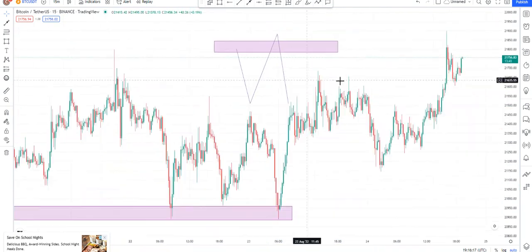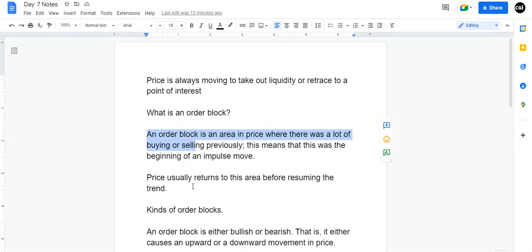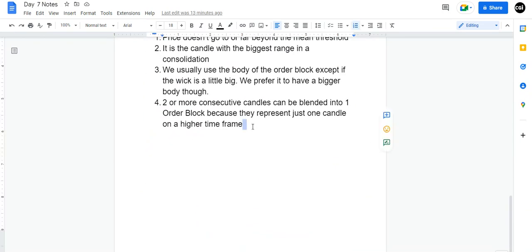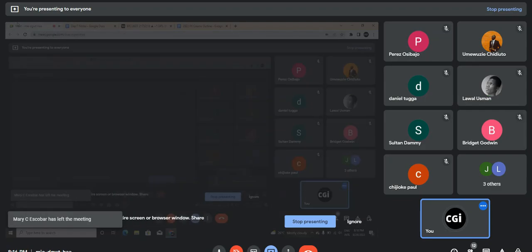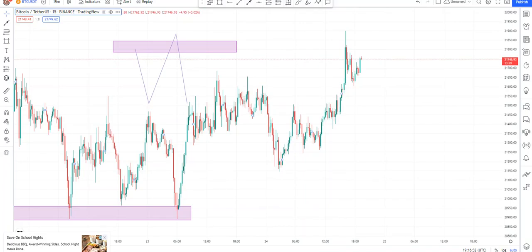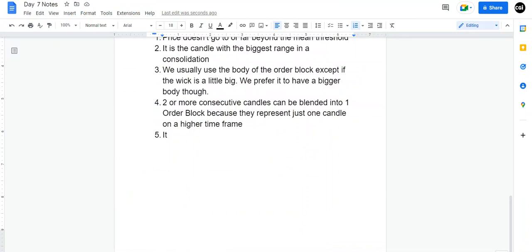So now let's go to the sponsor candle. Let me add one more rule for the order block for you guys. Number five, it is always the start of the impulsive move, or you can call it the expansion.